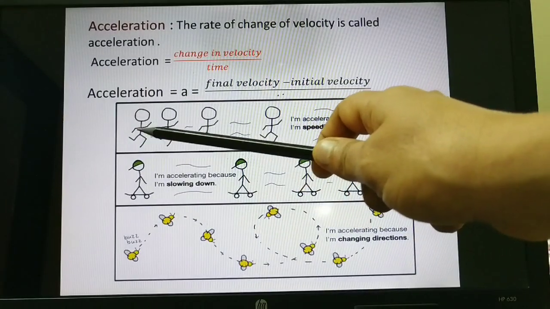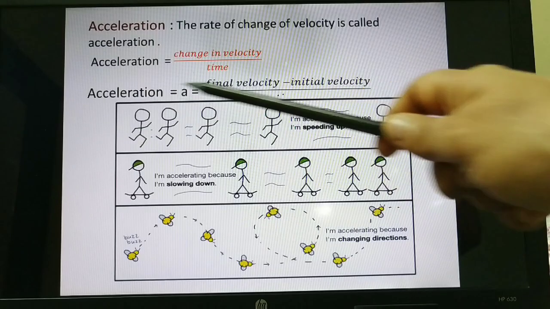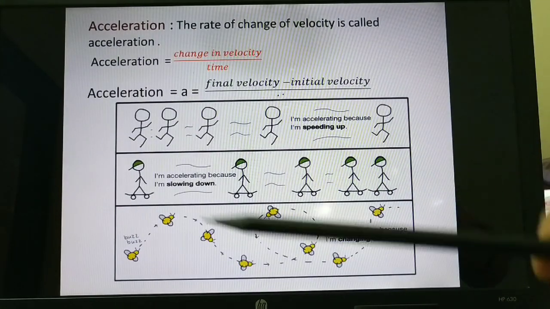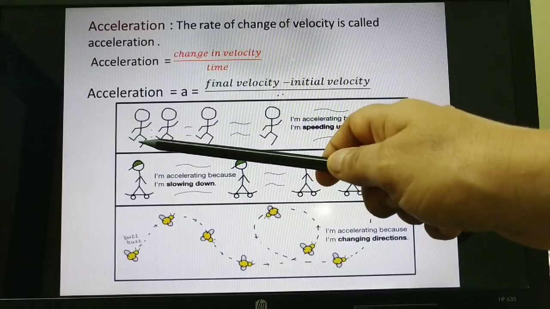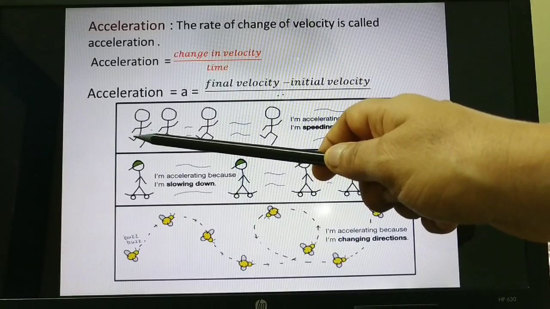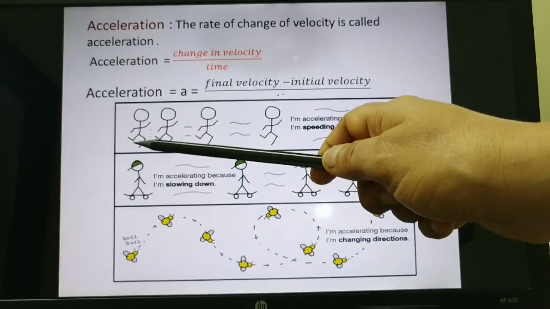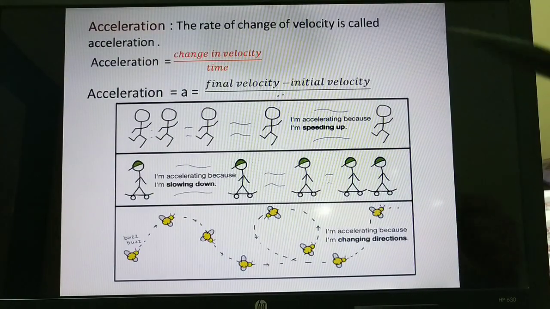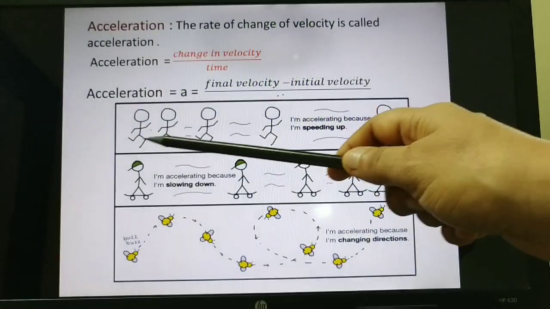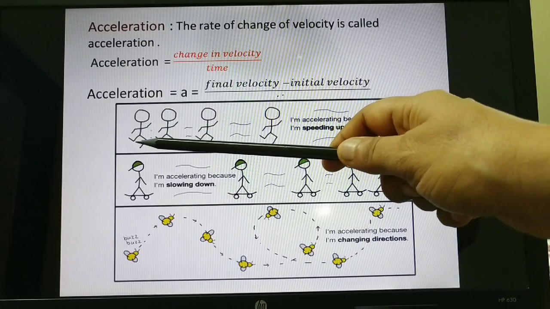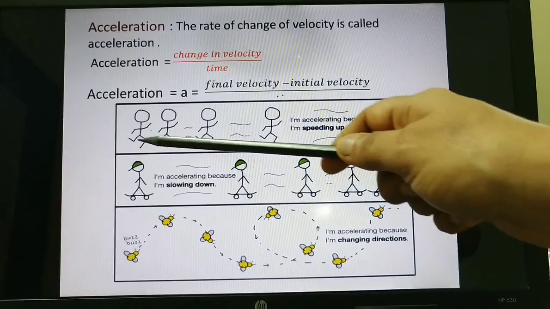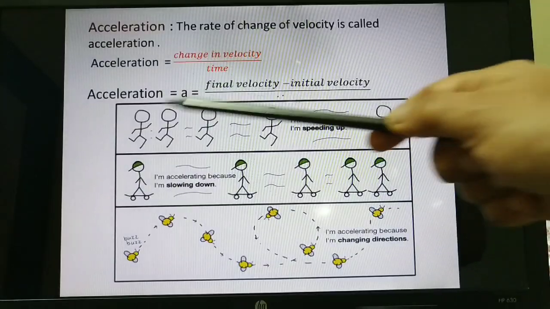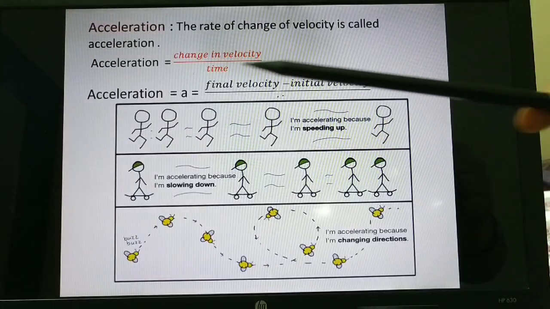So his speed differs from this point to the next point. This point we call the final velocity and his starting point we call the initial velocity. Here the difference in velocity is there.